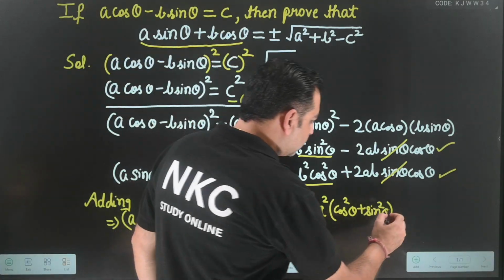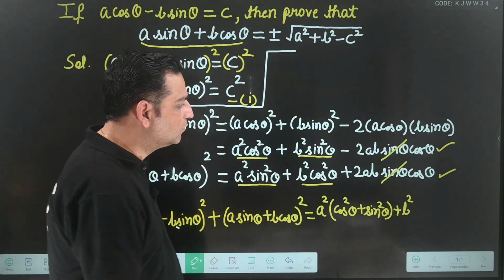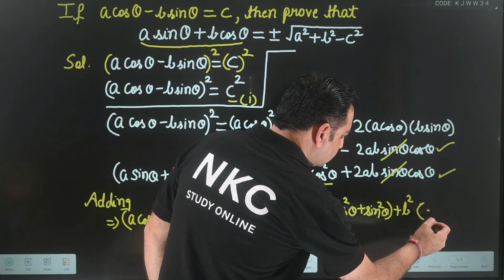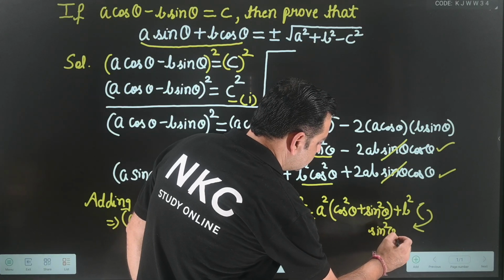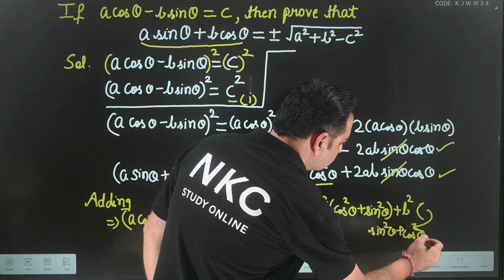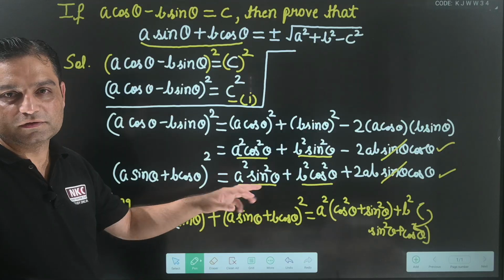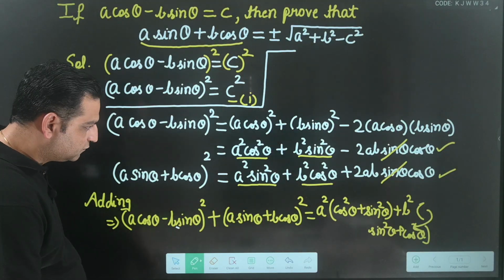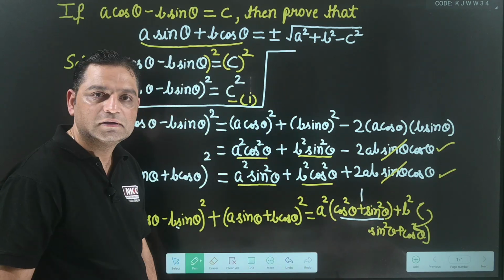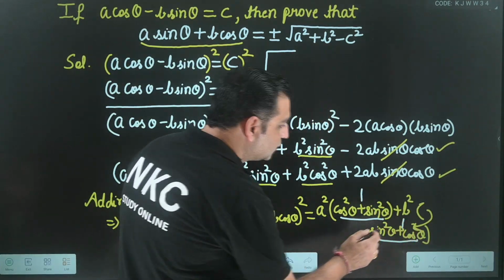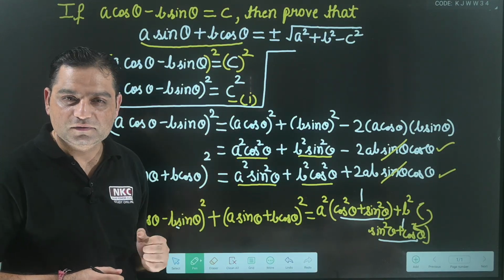While adding them, I write B square, and in the bracket I write the same thing, sine square theta plus cos square theta. What is the use of this? See, cos square theta plus sine square theta is 1. Sine square theta plus cos square theta is also 1. This is the trigonometric identity we can use.